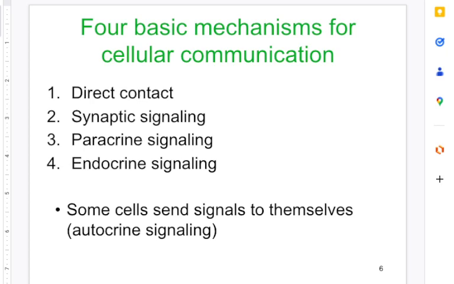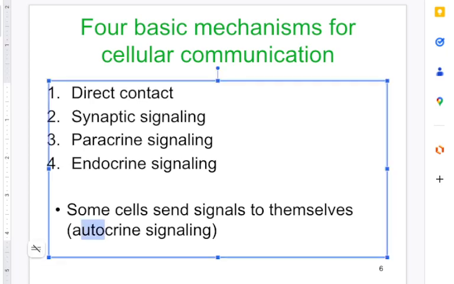Some cells send signals to themselves, which is called autocrine signaling. Now let's talk about some of these words. Auto means self, so this can help you remember that it is a self signal. Endo means within.